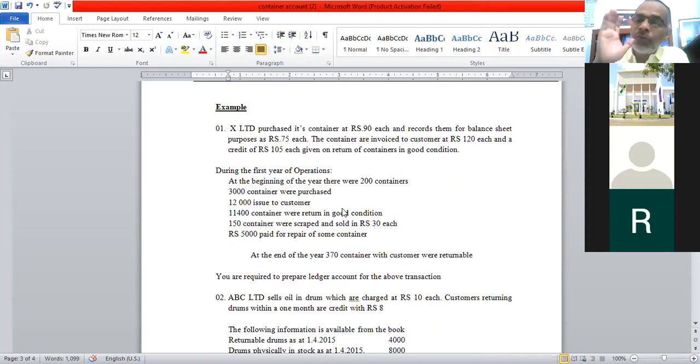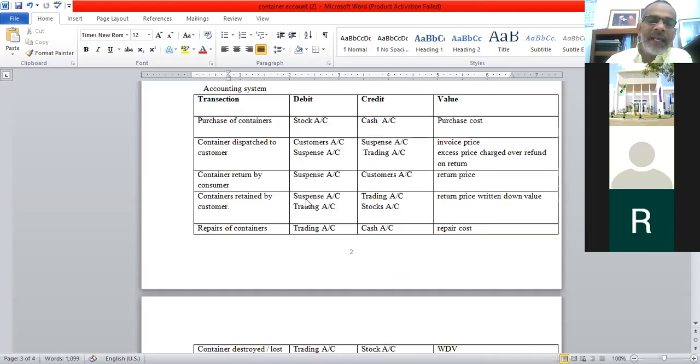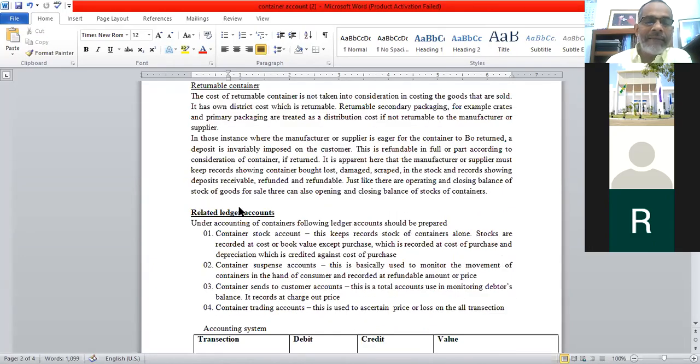The trading account is prepared to recognize the profit or loss from the container trading. Those are the four accounts. Those are the four ledger accounts to be prepared when the company deals with container transactions. Isn't it? Okay, look at our related ledger accounts.